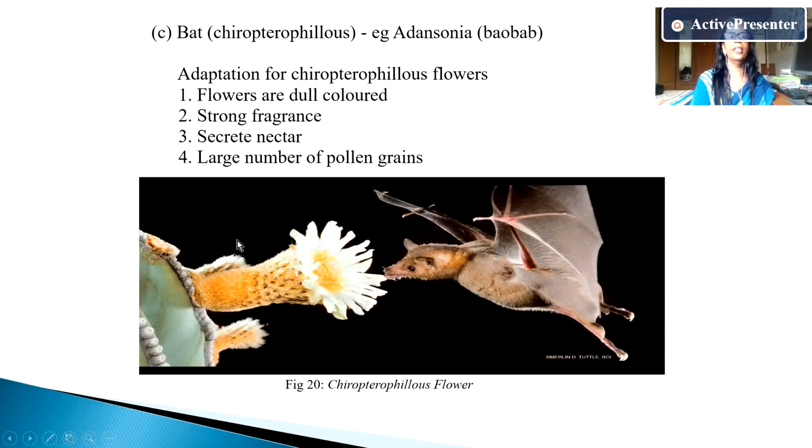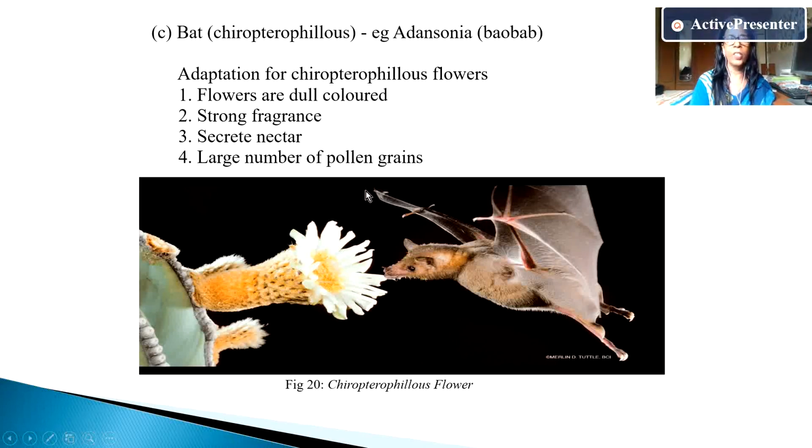The next one is the bat, chiropterophilous. Example, Adansonia, that is baobab we say. That is the adaptation for chiropterophilous flowers: flowers are dull colored, strong fragrance, secrete nectar, large number of pollen grains. So these are the different types of agents and different types of pollination according to the agents.